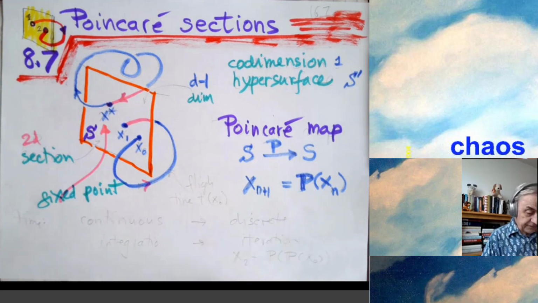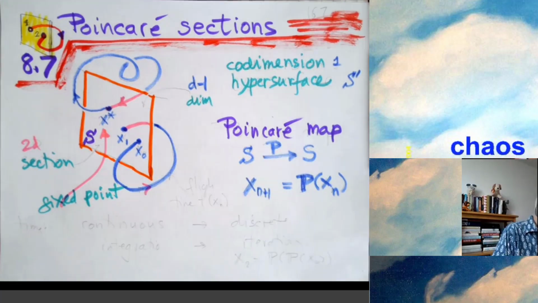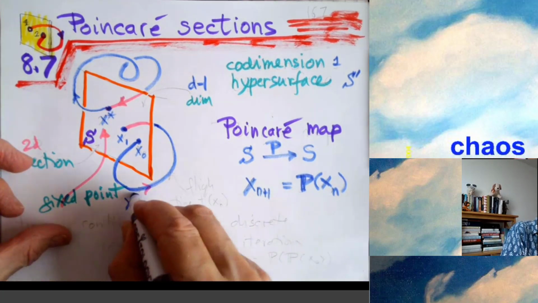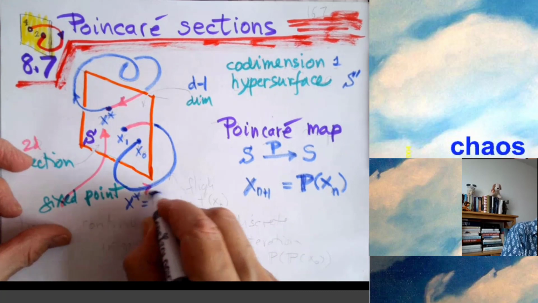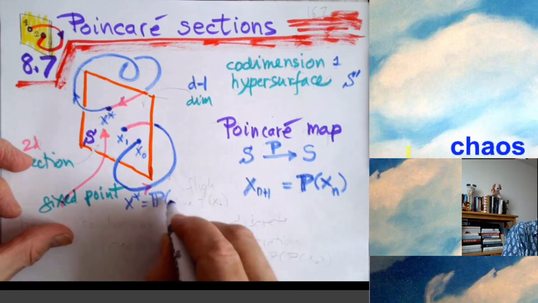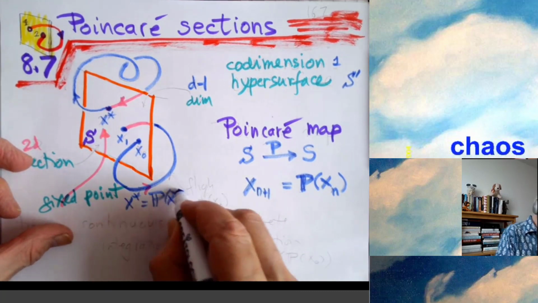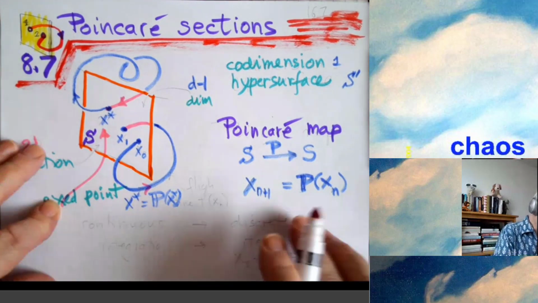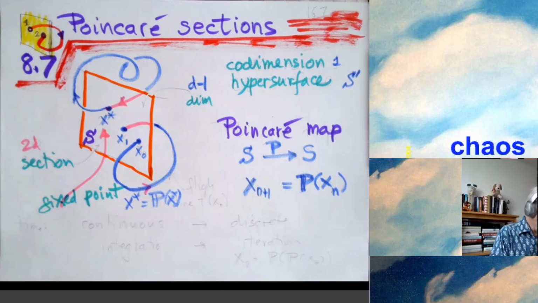In this, I differ from Strogatz's book. So this is fixed point, and fixed point just means it's a special point that if I start on it, I return to it after one or maybe more Poincaré map iterations.